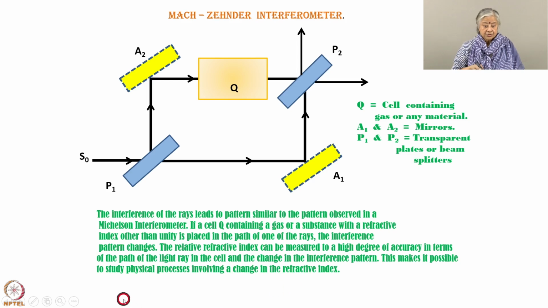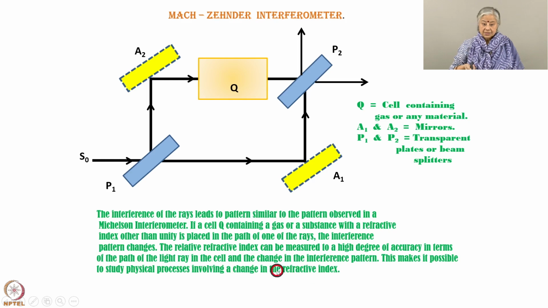And what is the use of detecting such an interference pattern? It gives you some idea of the substance that is there in this cell Q. This makes it possible to study physical properties involving the change in refractive index.